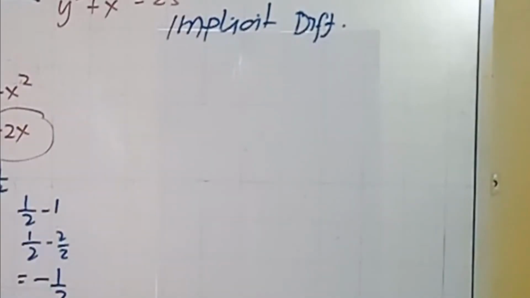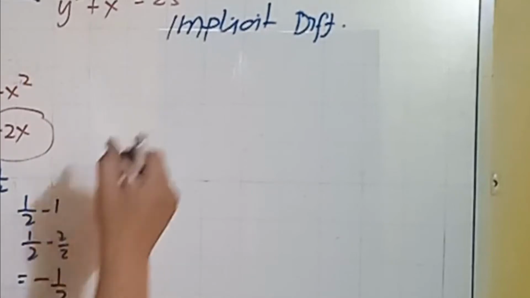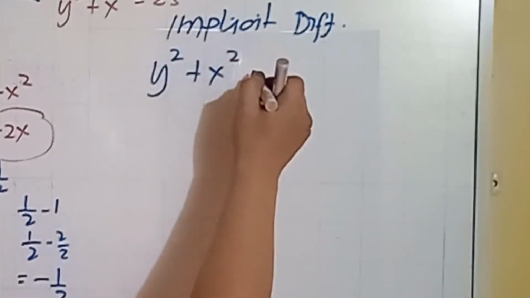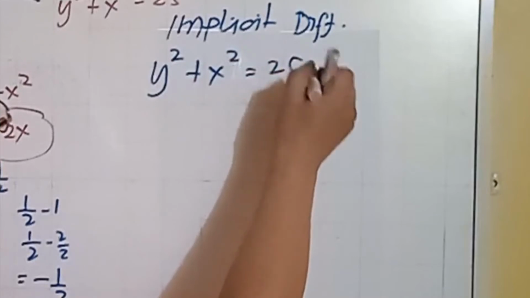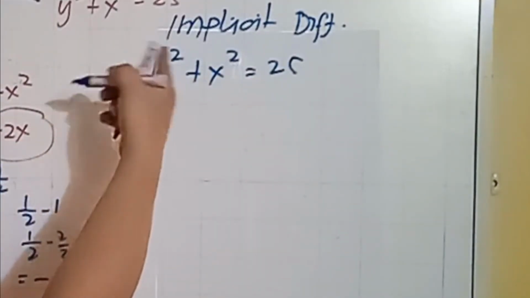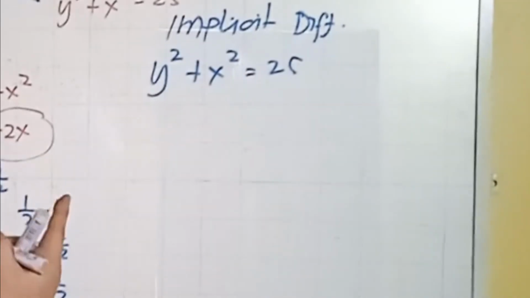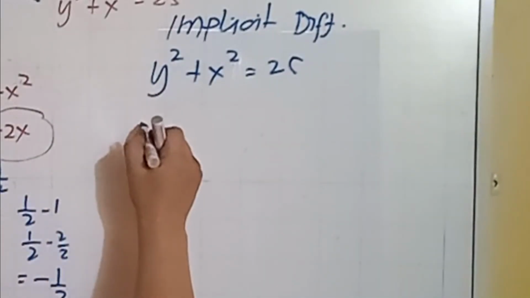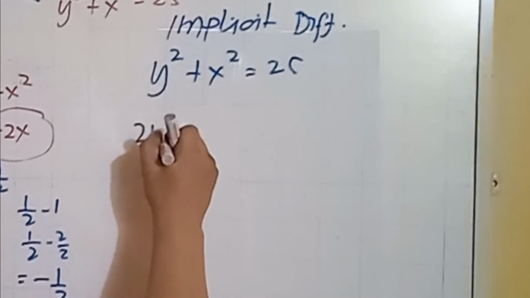Now, dito na tayo sa implicit differentiation. So, sa implicit differentiation, wala na tayong i-manipulate automatically. Pwede na natin gamitin to. Y square plus x square is equals to 25. So, kinukuha natin yung derivative ng y square is based on the rules of differentiation din using power rule. We have using power rule 2y.